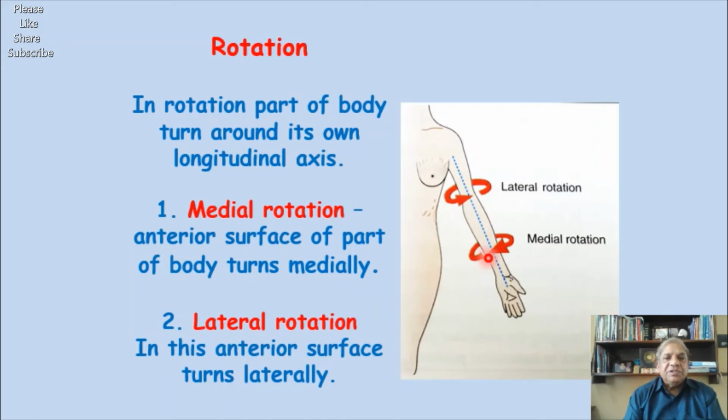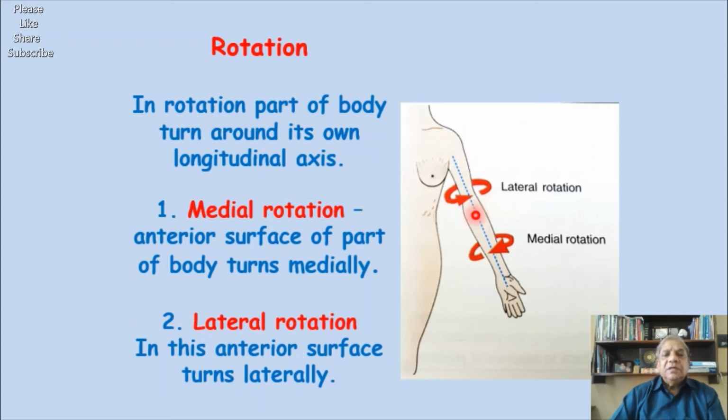So the anterior surface of the arm, the ventral surface, will turn medially, so that your palm will start facing posteriorly. Then second is the lateral rotation, which is just the opposite of the medial rotation, as shown by this rotating arrow.